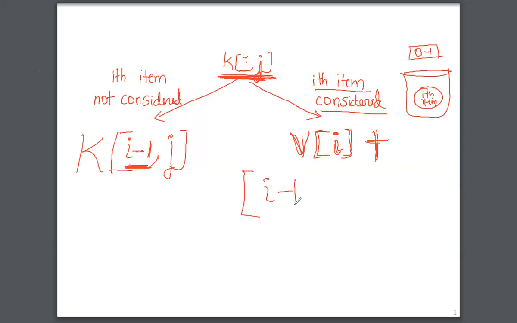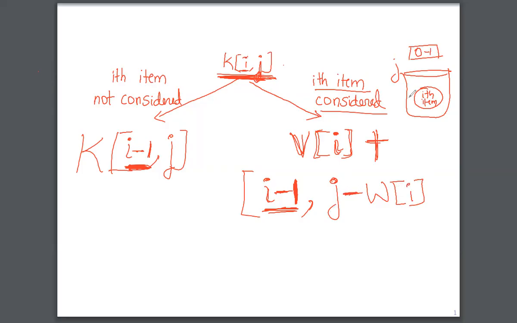Still I minus 1, because you already looked at the ith item, you have added it. Now you need to look at the I minus 1 items, same as before. Now your capacity was J before. Now you added the ith item, so your updated capacity will be J minus W of I. Correct?